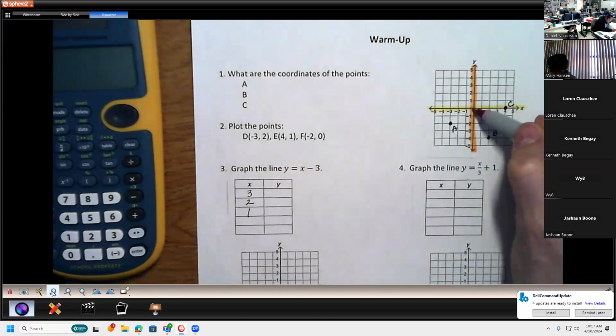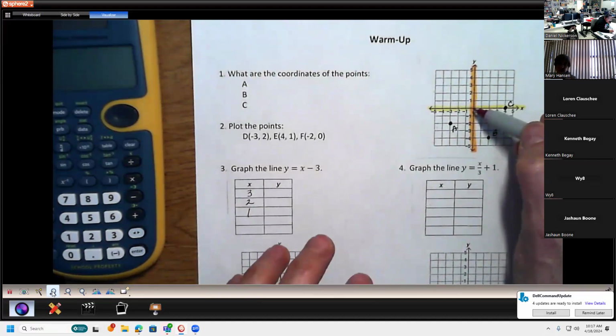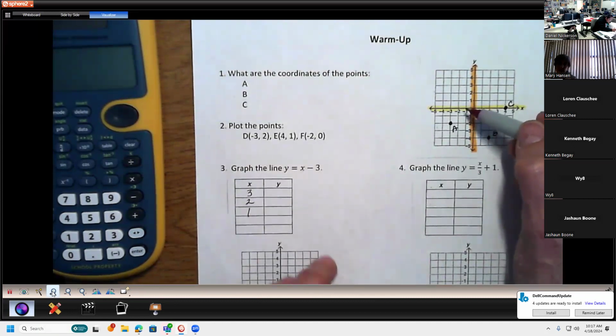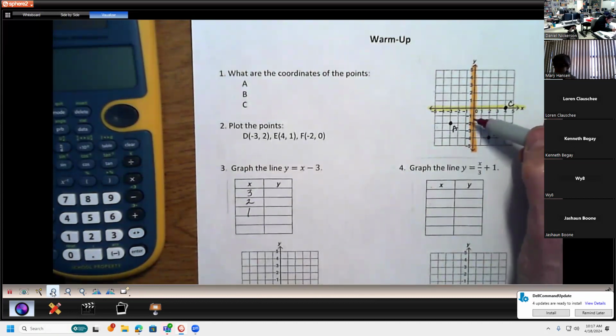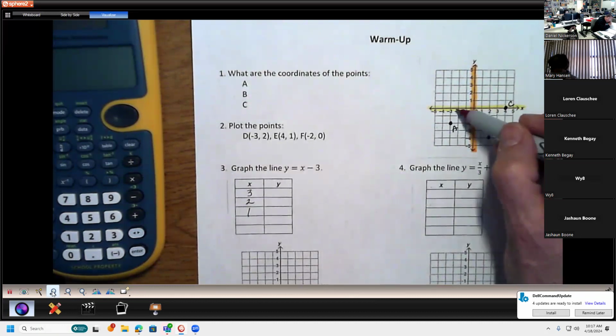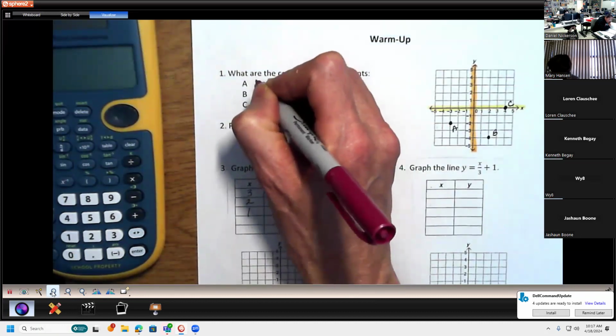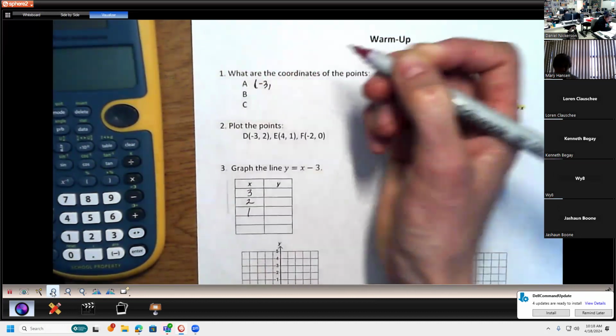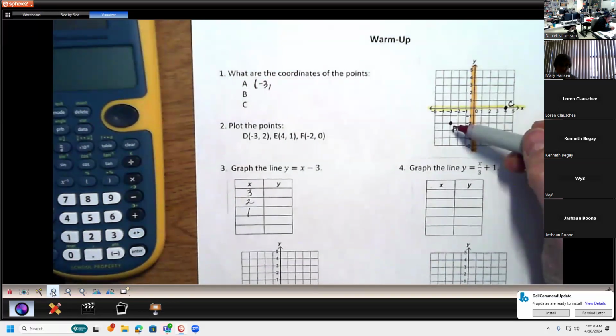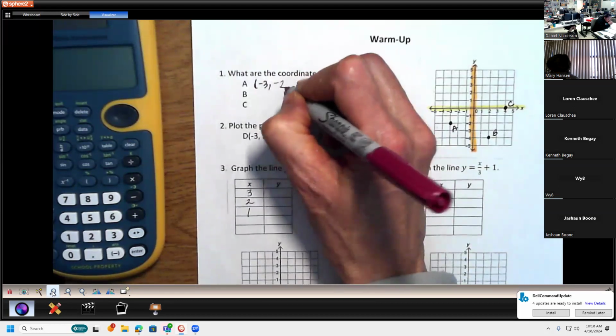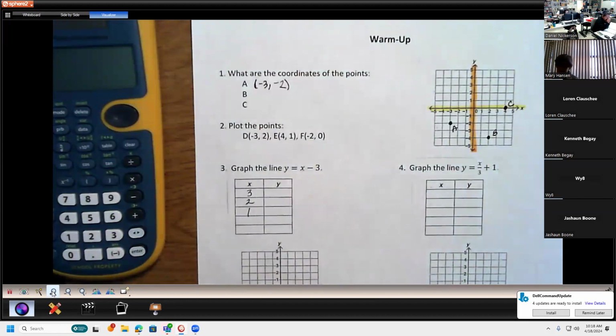So to find the coordinates of A, I start at the origin and I say, how many units do I have to go left or right and then up or down to get to A? I have to go 3 units to the left, which is -3. And then I have to go 2 units down to get to point A. And so the coordinates would be -3, 2.